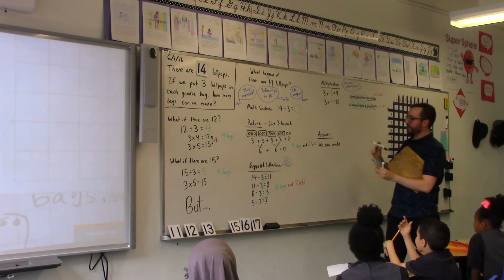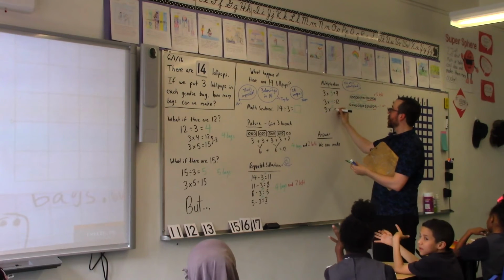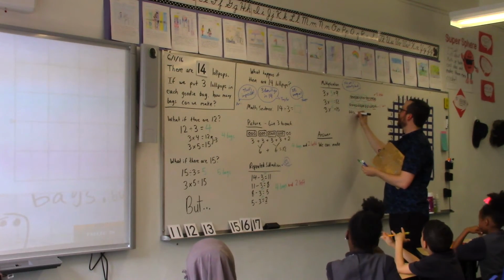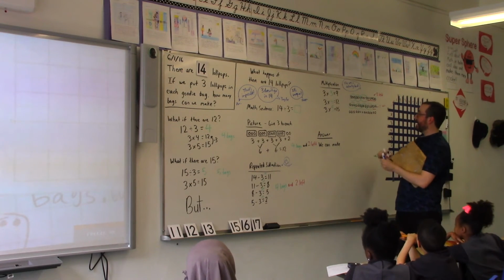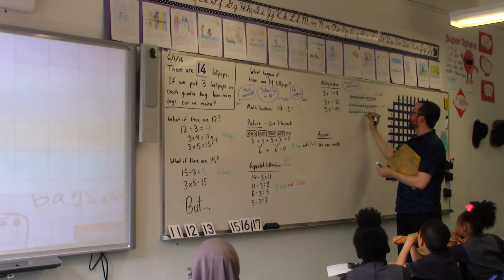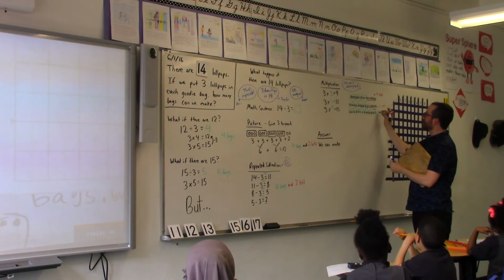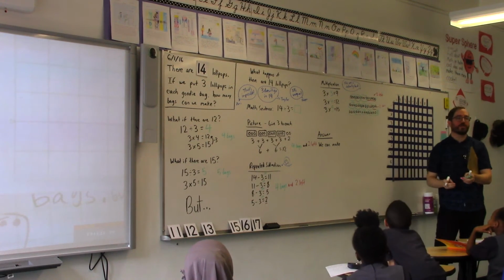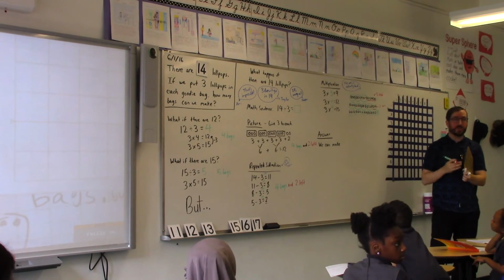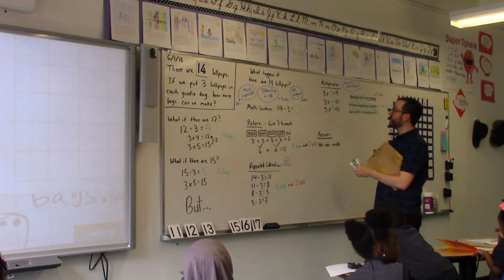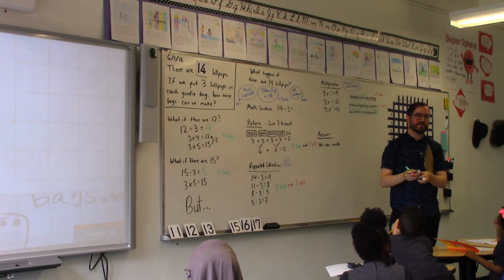All right, 3 times 5 bags equals more than 14. So if I draw this, could I do 5 bags? 1 bag, 2 bags, 3 bags, 4 bags. There's not enough for the fifth. If we try doing 3 times 2, that's 6. If we had 3 times 2 is 6, and we have 14 lollipops, how many would we still have left?